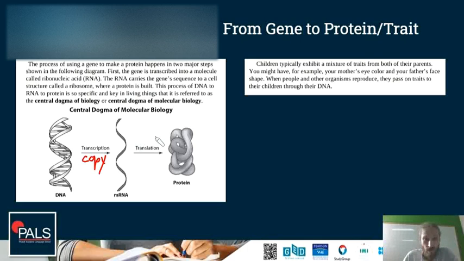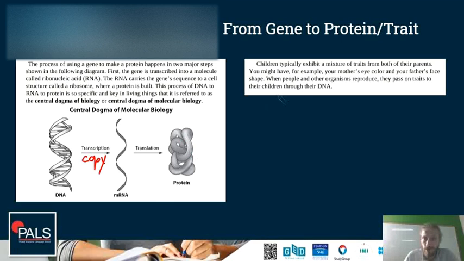This process of building the protein is called translation. So the information that is stored in the RNA coming from the gene is then translated, or used like an instruction manual, to build the protein from amino acids. And these specific proteins then lead to traits in the organism.